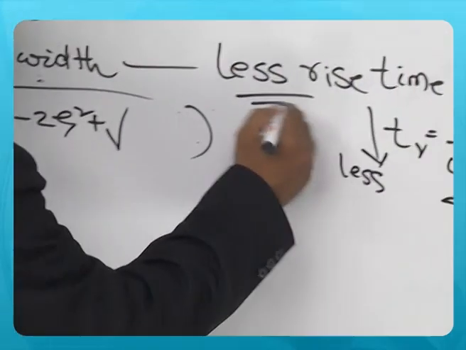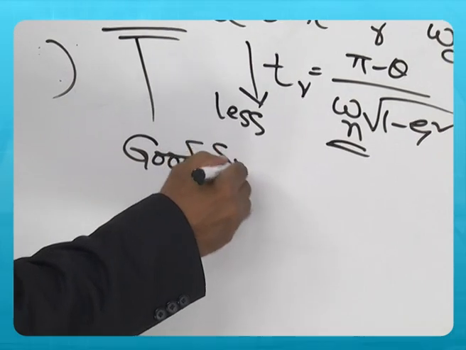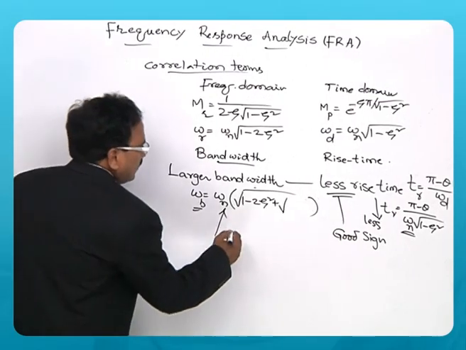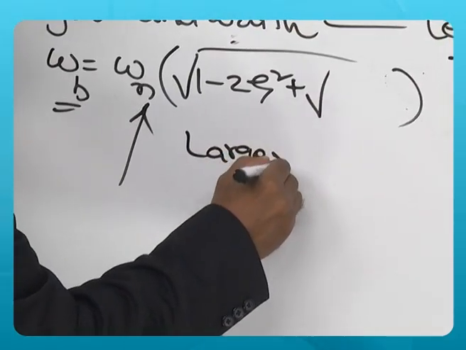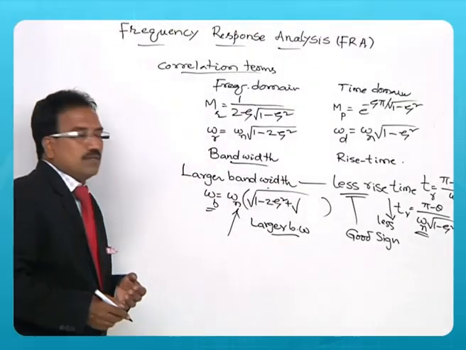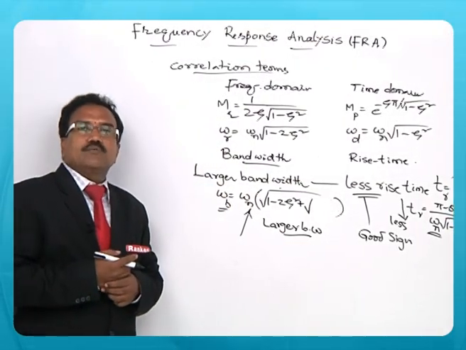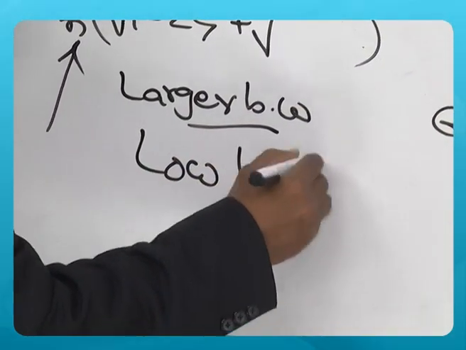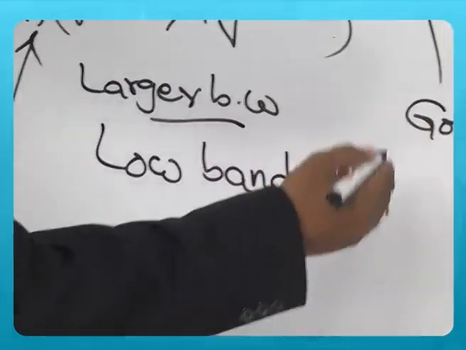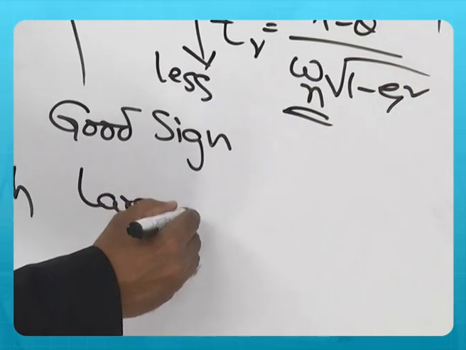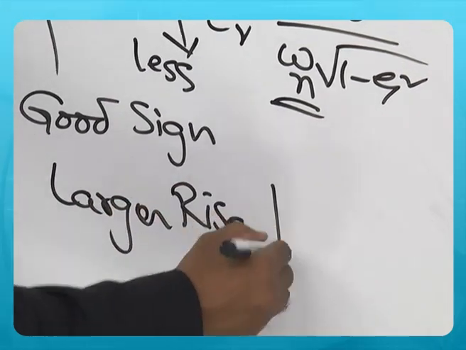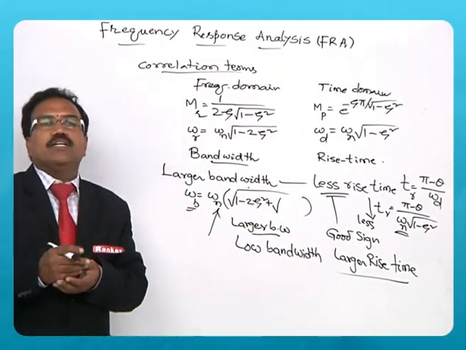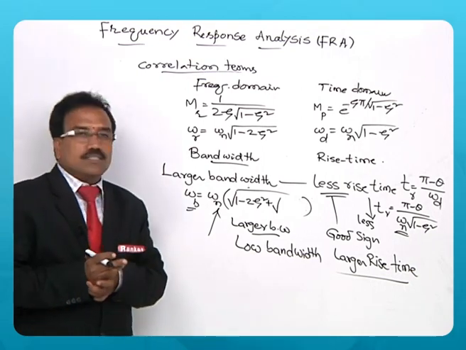So less rise time is a good sign that the system has a better response. Similarly, larger bandwidth is good in frequency response analysis. So low bandwidth is bad. Low bandwidth means you will have larger rise time. This way comparison can be done between frequency domain and time domain approaches to analyze the same system.